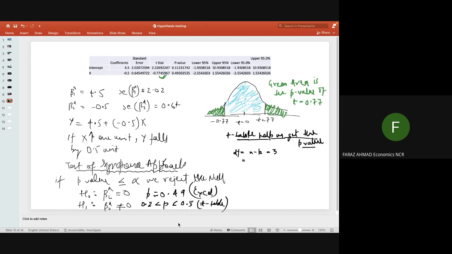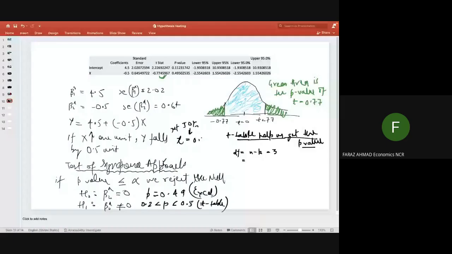The t value that corresponds to 50% area in two tails for a t distribution with 3 degrees of freedom is 0.765, and our value is 0.77. So this is almost the same, right?